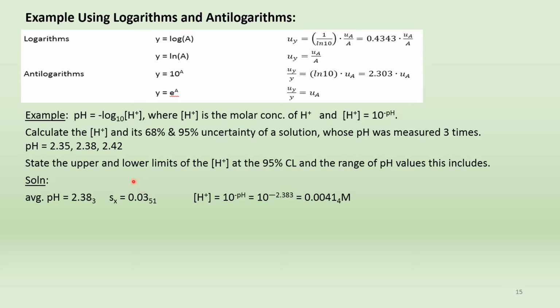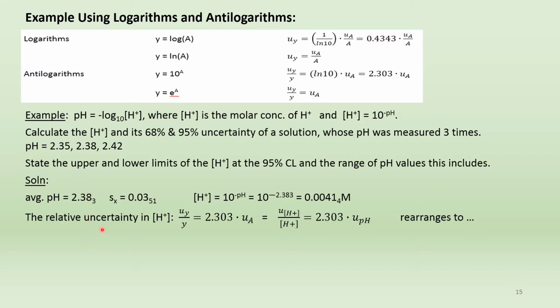That's where it's significant, and that's consistent with the decimal position in my pH unit. So the hydrogen ion concentration is 10 to the minus pH, and that's 0.00414. Now, how many digits do I carry here? Well, in fact, I'm going to carry 2 sig figs in my number because my pH has 2 digits to the right of the decimal in the mantissa.